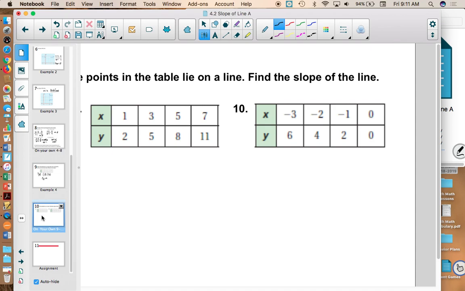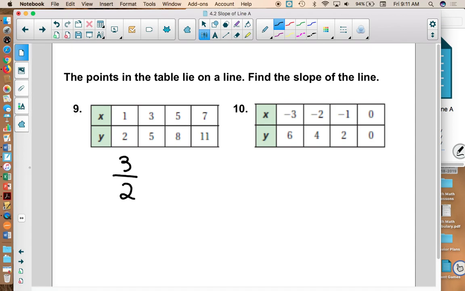This one here was 3 halves, and this one is -2/1. Somebody else said this is Rick's draw. You got it? Alright. Okay, your assignment is on the next page of the worksheet, correct? Yeah. Good.